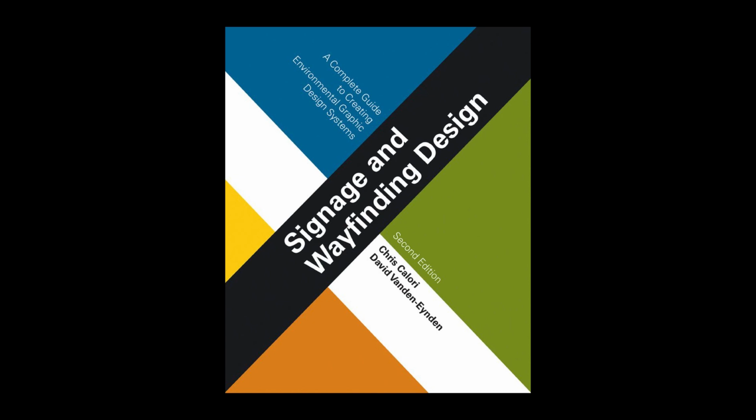In this process, the designer begins to formulate the building blocks such as communication functions, message vocabularies, mounting conditions, and viewing distances that are expressed in the visual aspects of the sign program.